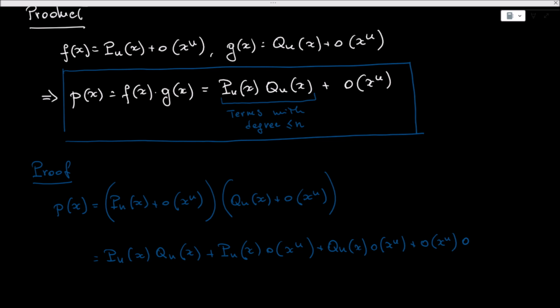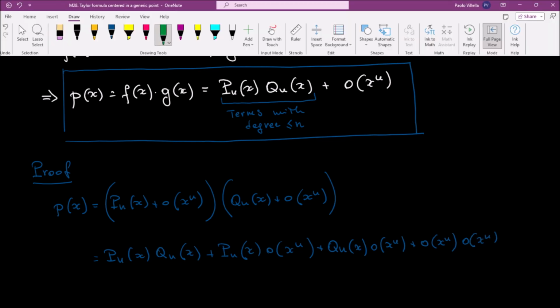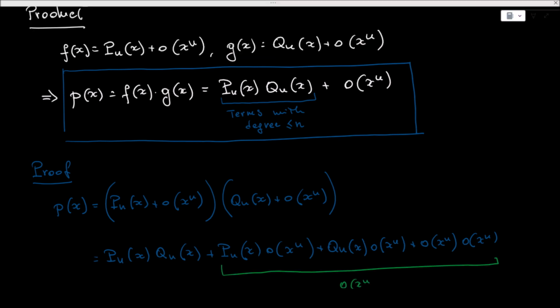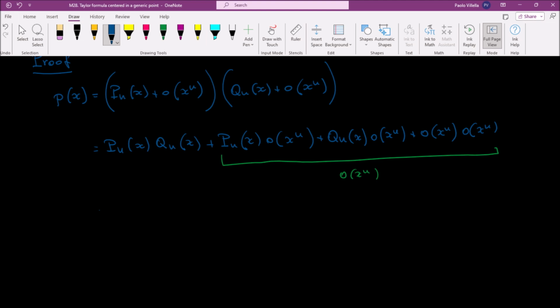Now, it turns out that all these three terms are indeed little o of x to the n, which leads us to conclude that this is Pn of x Qn of x plus little o of x to the n.